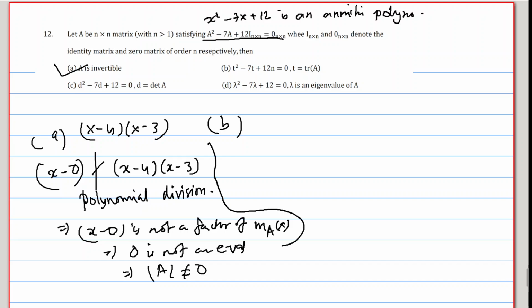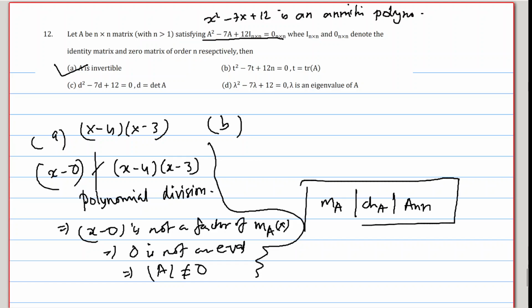No, see, the minimal polynomial divides the characteristic polynomial, and the characteristic polynomial divides the annihilating polynomial, am I right? Here, what I'm confirming with you: if lambda squared minus 7 lambda plus 12 equals 0 is an annihilating polynomial of degree 2, so the characteristic polynomial will be of at most degree 2, and since it will be divisible, the roots will be 4 or 3.